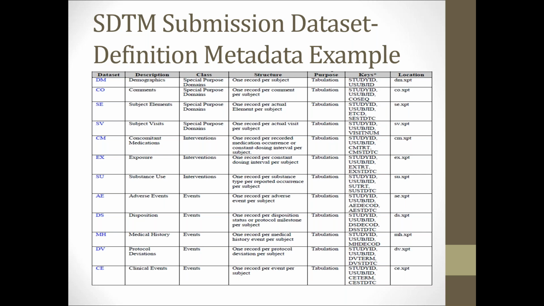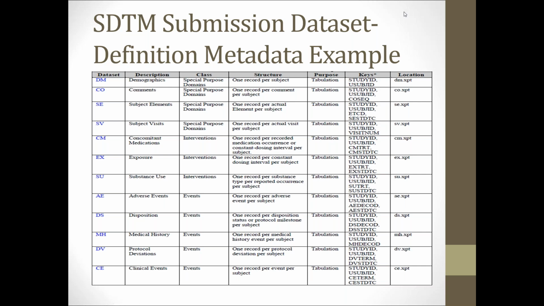So now SE, what will it do? SE is subject elements. How many elements has the subject passed through? Suppose as per your protocol, you have screening, baseline, treatment period 1, treatment period 2, and if you have weeks, all that week information will also be present.